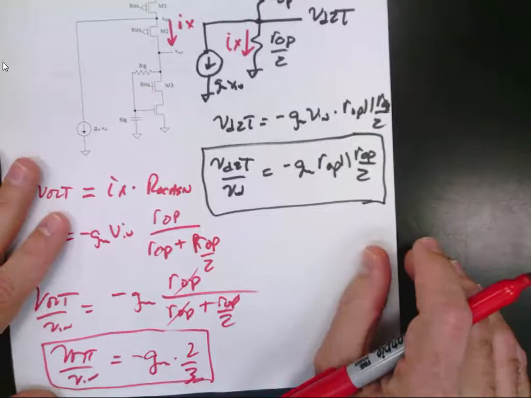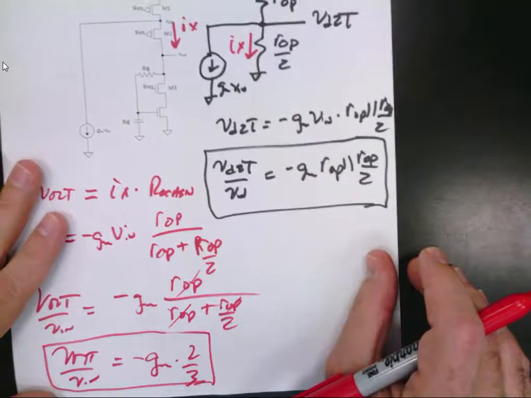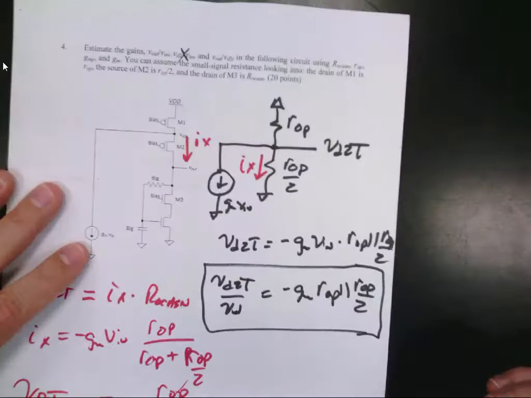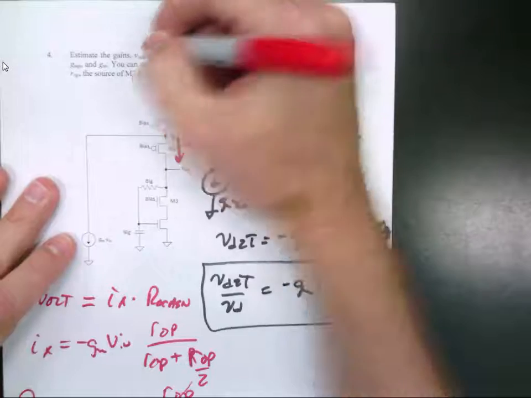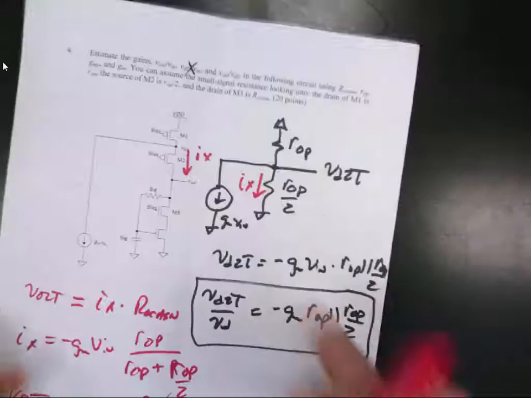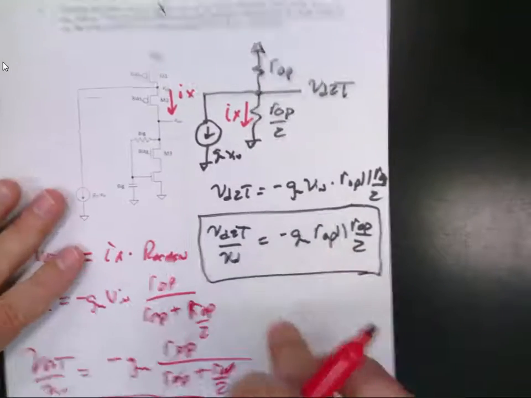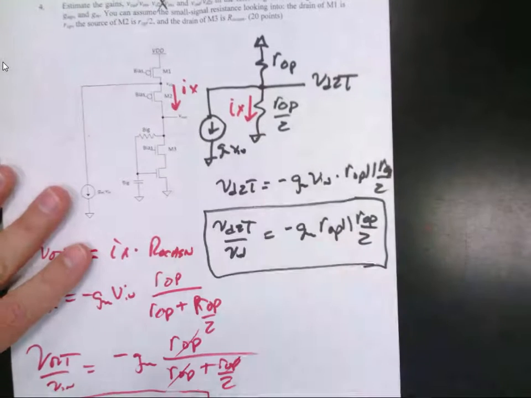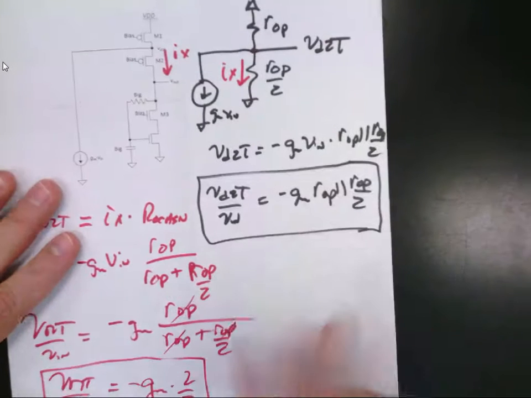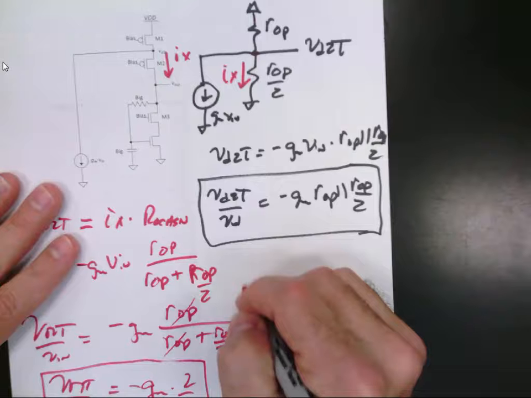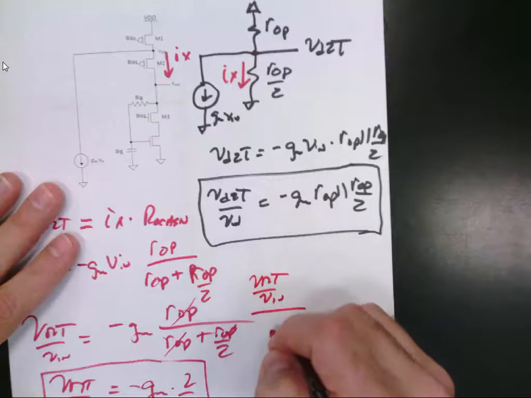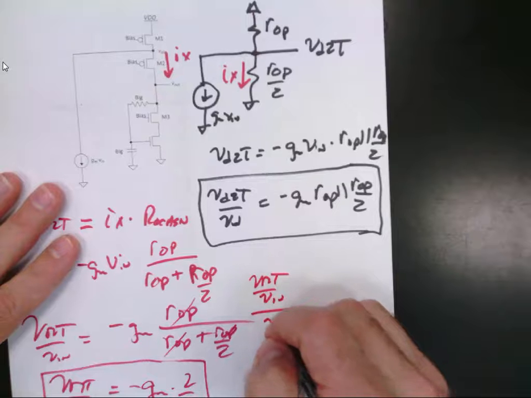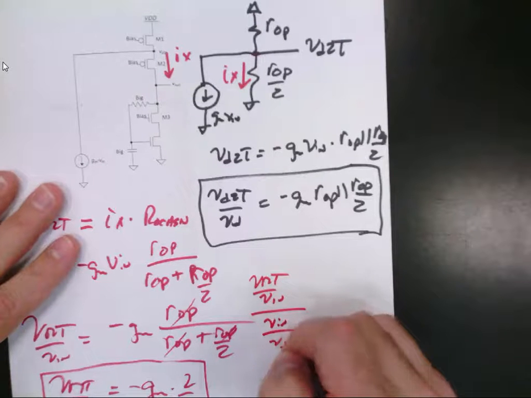Any questions? What was the last one? V out over VD2. Oh, well, you can get those by multiplying these two together. Flip this over, so you get VD2 over V out. So then this would be V out over V in divided by V in over VD2.